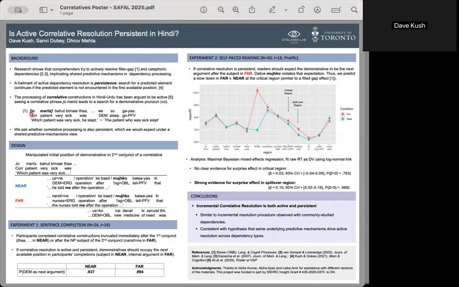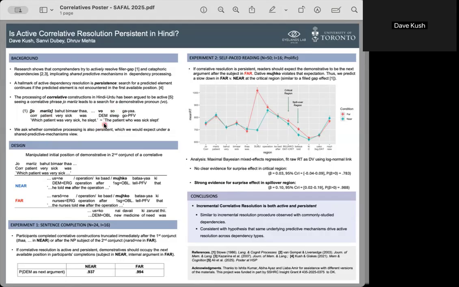So if you see a correlative phrase, you know that a demonstrative is coming up somewhere in the matrix clause. So this sets up a forward-looking dependency, similar, at least superficially, to other types of forward-looking dependencies like filler-gap processing and cataphora.